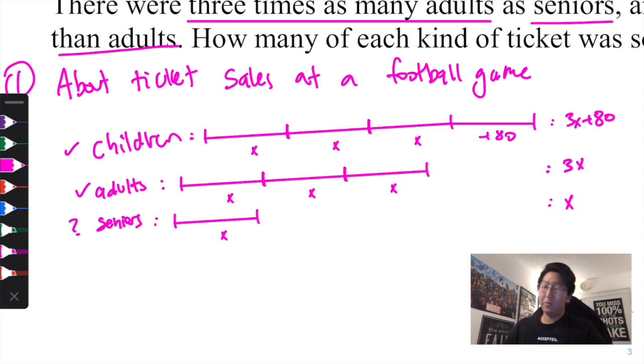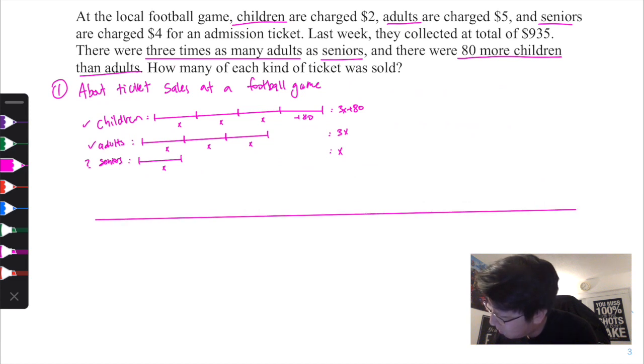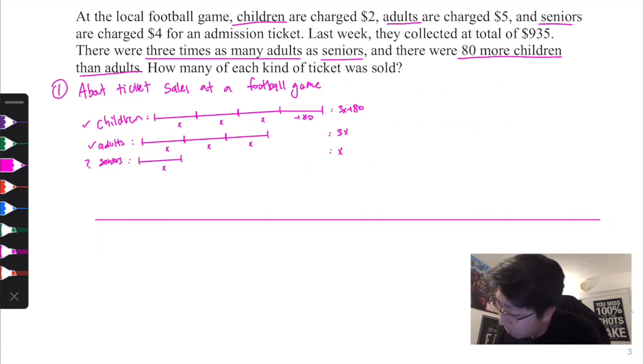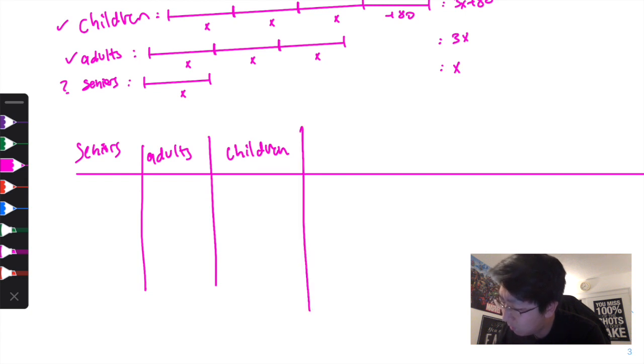Now that we described them, let's go ahead and draw a little table. Seniors, adults, children: x, 3x, 3x plus 80.